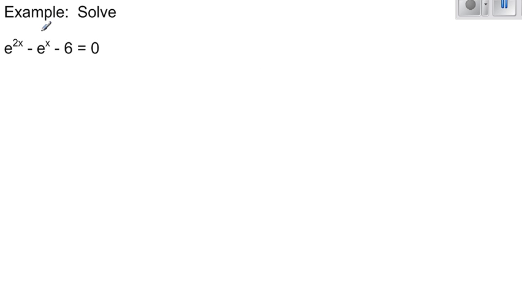Now this example is a little bit more difficult. You actually need to first factor before you can do anything. You might not notice right away, but this is factoring like you remember from x squared plus 3x plus 2, something like that. It's the same idea here, because e to the x times e to the x will be e to the 2x.